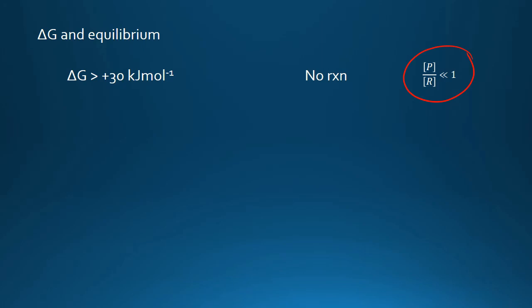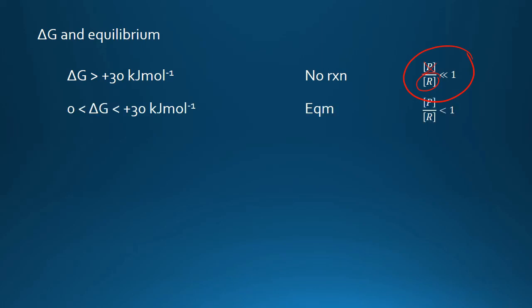When you have a double arrow, that means it's extreme. So if you have an extreme value below 1, so 0.000000 and so on and so forth, that means that the reactants have to be really high and the products essentially non-existent to get such a low value. And so it tells you no measurable reaction has taken place.